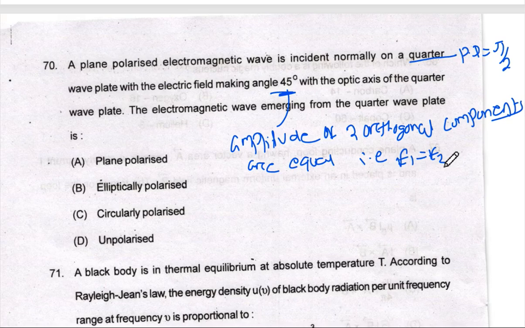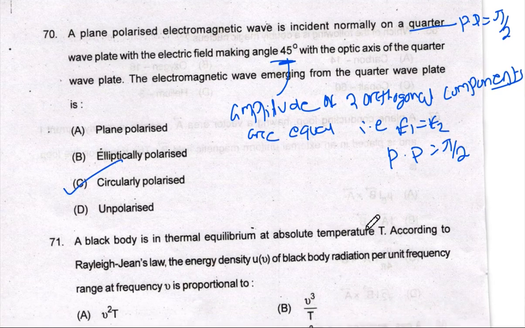So if E1 equals E2 and the phase difference is pi by 2, it produces a circularly polarized wave. So the answer to question 70 is option C.